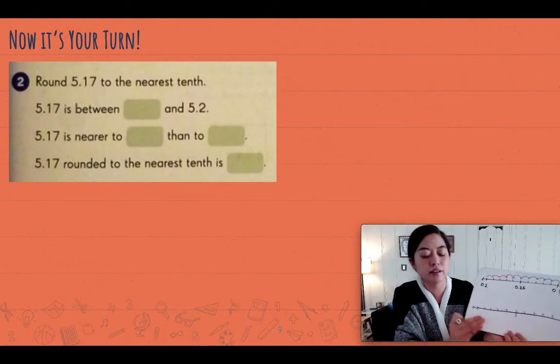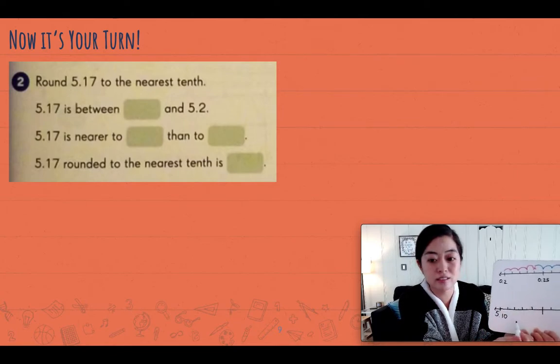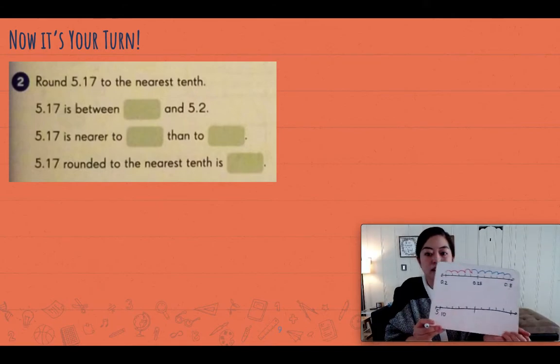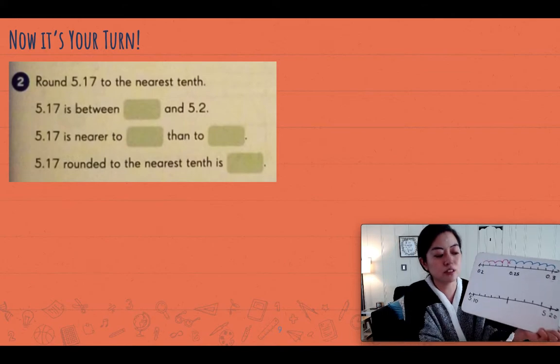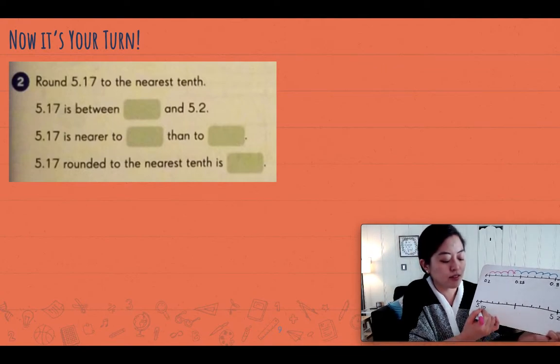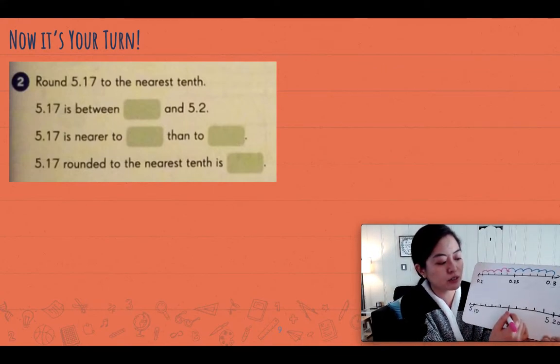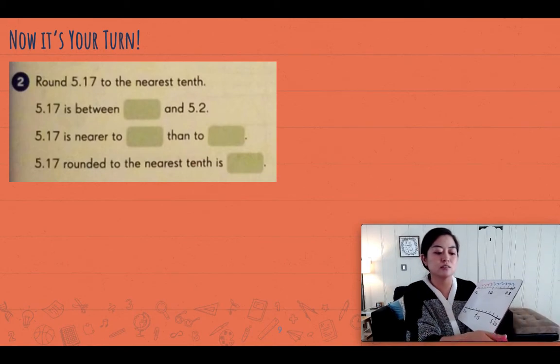So on a number line here, it is 5 and 10 hundredths and 5 and 20 hundredths. And what's in the middle right here? Between 5 and 10 hundredths and 5 and 20 hundredths. If you said 5 and 15 hundredths, you're right. So now where do I put 5 and 17 hundredths?